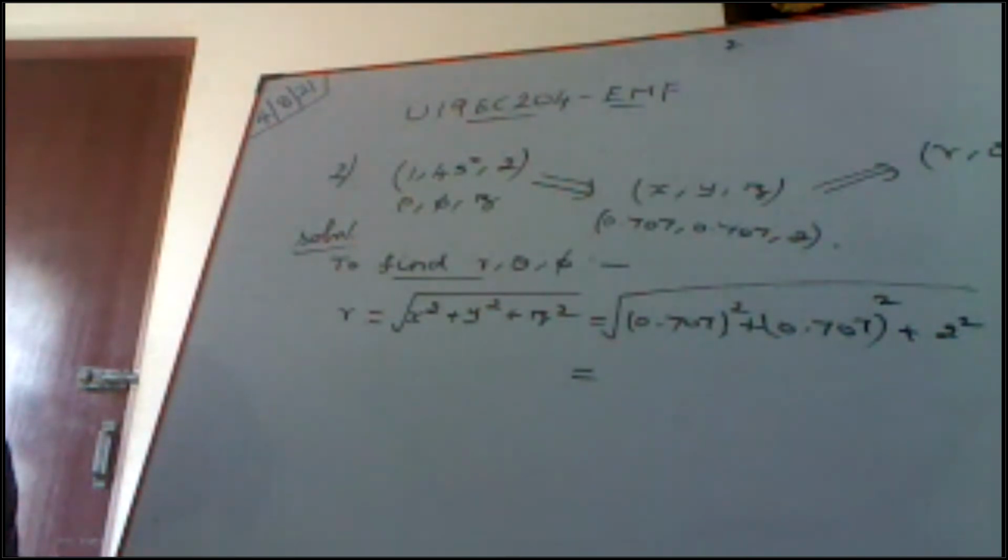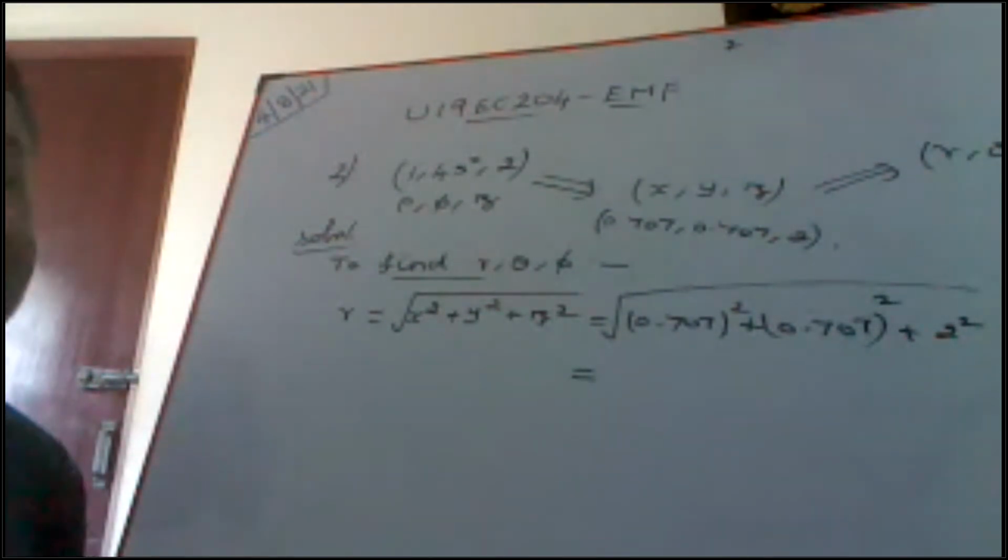So 0.707 square plus 0.707 square plus 2 square, which is 4. If I take the root for this, how much are you getting? I got an answer.